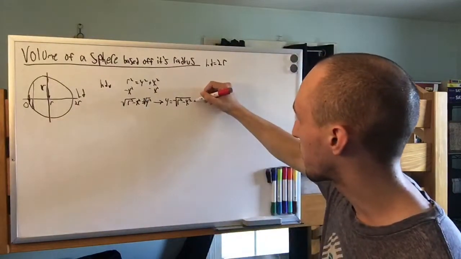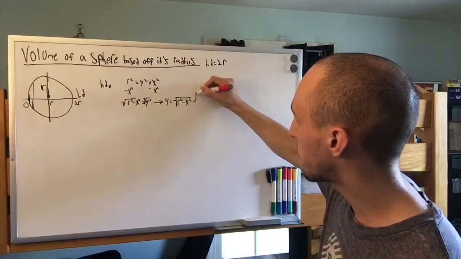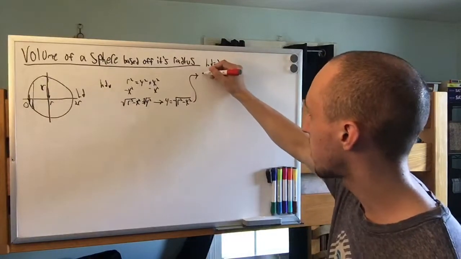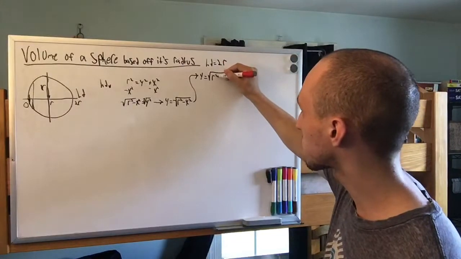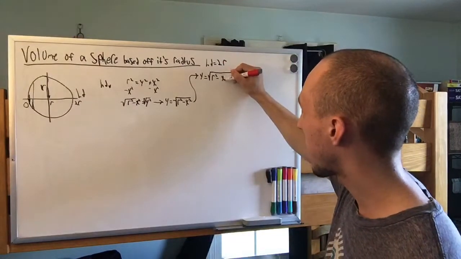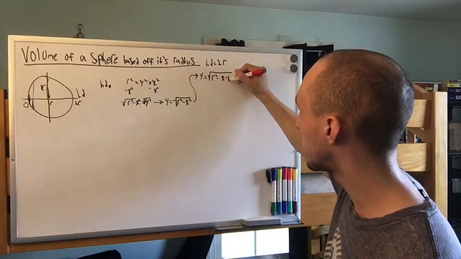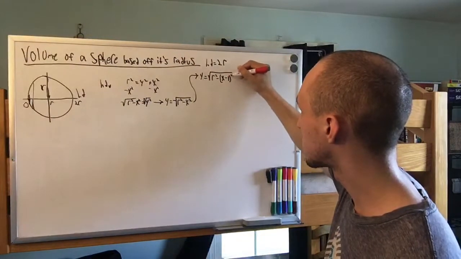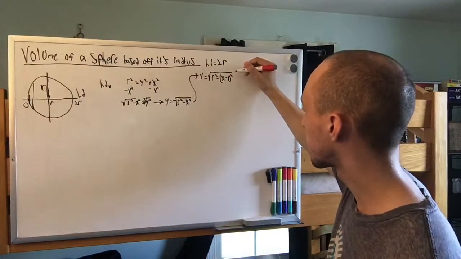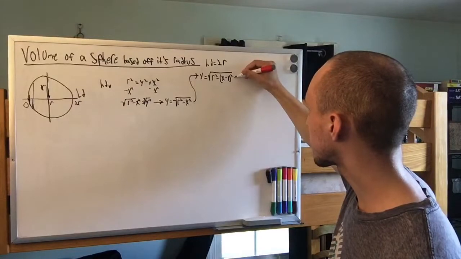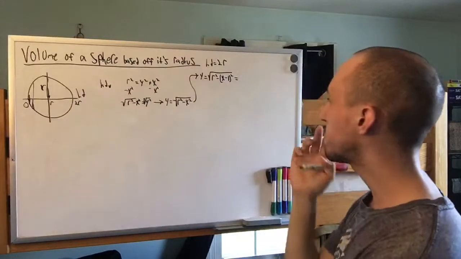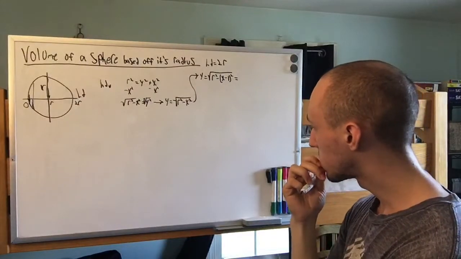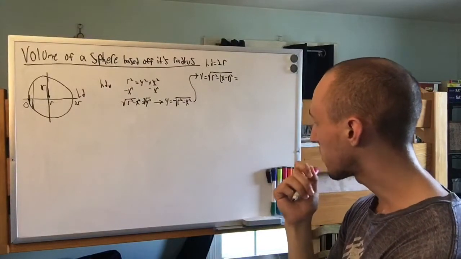So what we're going to do, follow me here, is Y equals the square root of R squared minus (X minus 1) squared. Do I want to keep it like that? Yeah, for now I'll keep it like that.